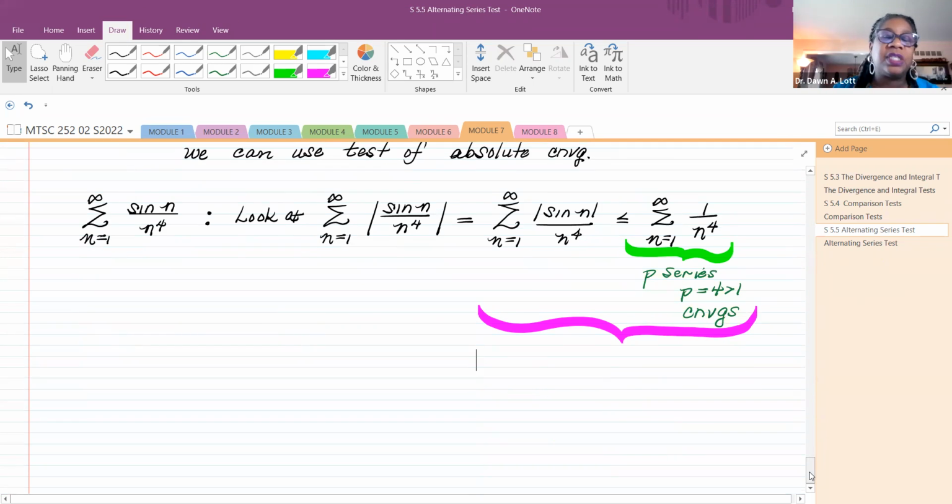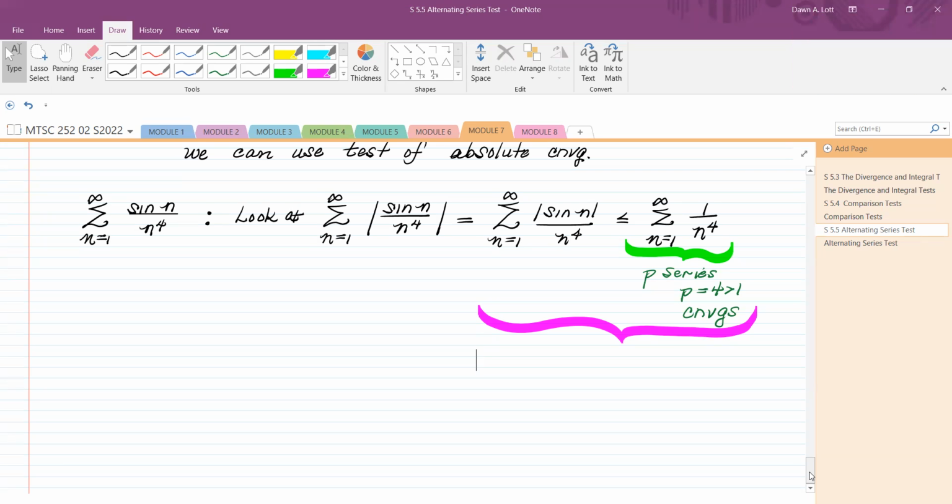Remember from previous tests, when you had a series and you could make it less than a series that converged, or you can make it greater than a series that diverged. What am I doing when I have those two types of tests? I have one less than the other. What am I doing? Direct comparison.